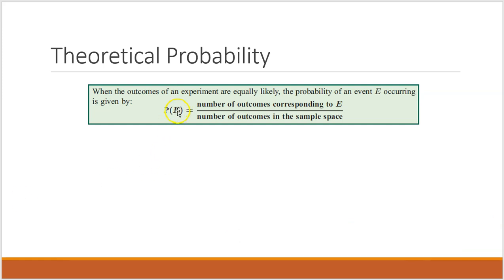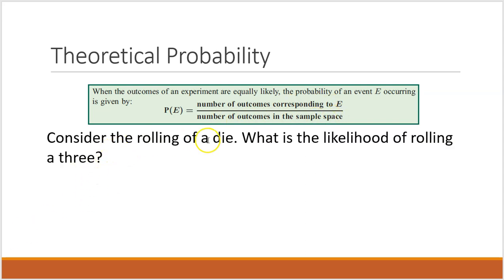Now going back, we said P of E, so probability of event E equals the number of outcomes corresponding to the event divided by the number of outcomes in the sample space. So looking at a die example again, consider the rolling of a die. What is the likelihood of rolling a 3?